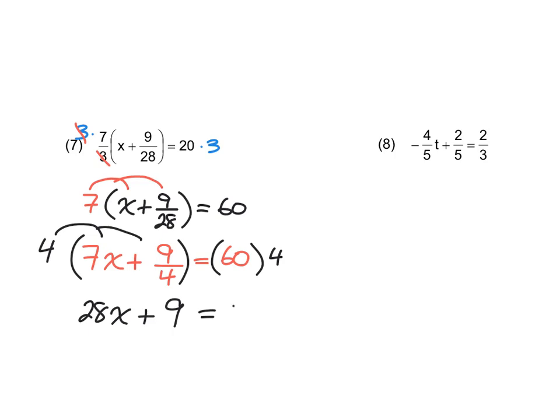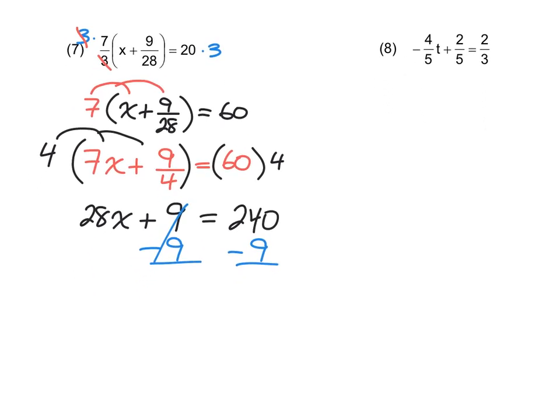Oh, it's 240. Subtract the 9. You get 231.